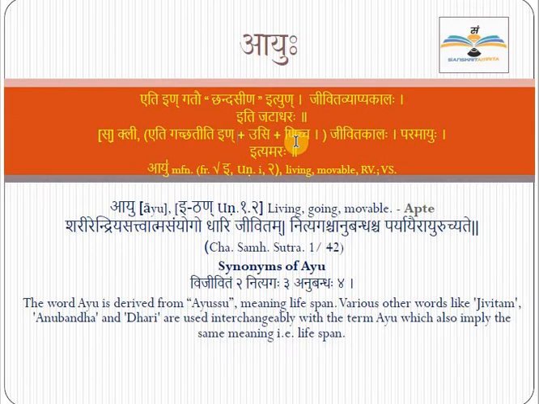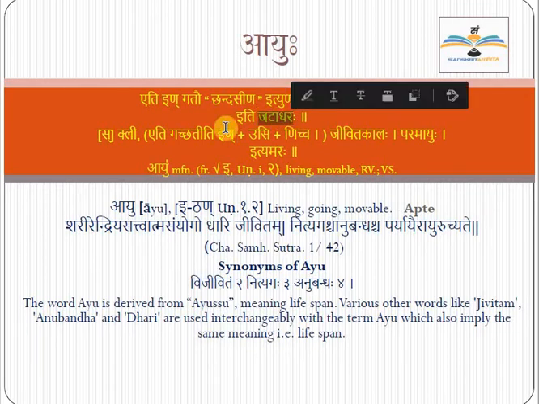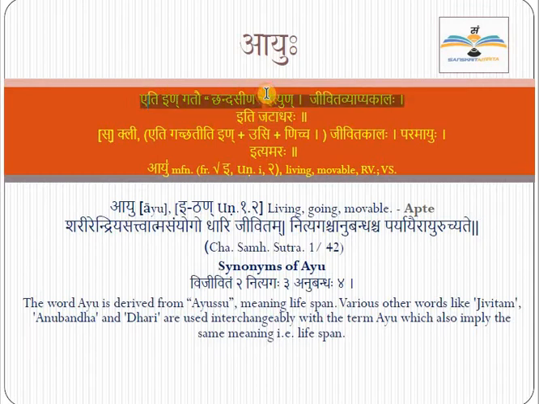All the scholars have given different formulas and different etymologies of the words. So here Jatadhara has given in this line, and all this explanation is given by Amara. Amara means the great sage Amara, who has written the Amara Kosh book, right? So in Amara Kosh you will find this etymology for the word ayu.